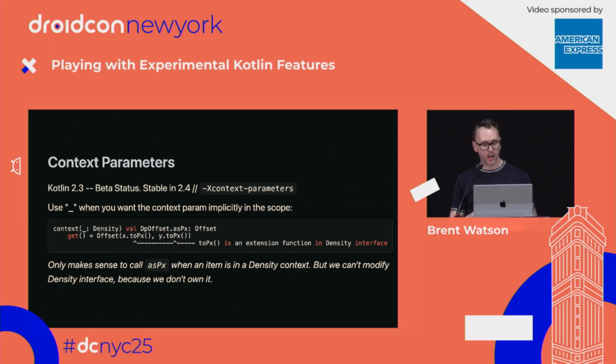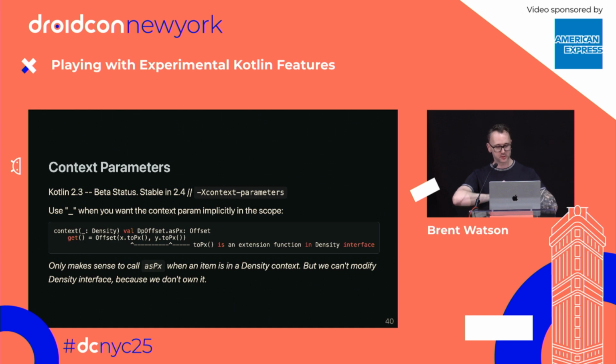This is a much more complicated example with context parameters, so bear with me, but I think it highlights a lot of important things. So first of all, you can see we can have a context not on a function, but on a property, right? This is a val, and it's actually an extension property. Two, you can use an underscore if you want the parameter to be implicitly in scope, which is kind of cool.